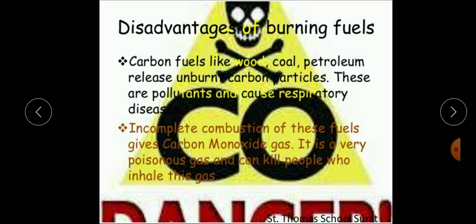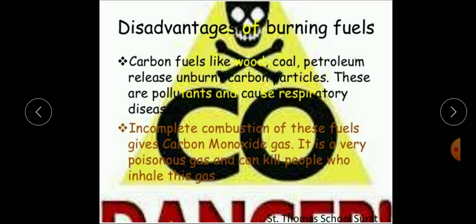The carbon monoxide gas which is produced can kill people who inhale it. That's why we are advised never to sleep in a room with a burning or smoldering coal fire in it.